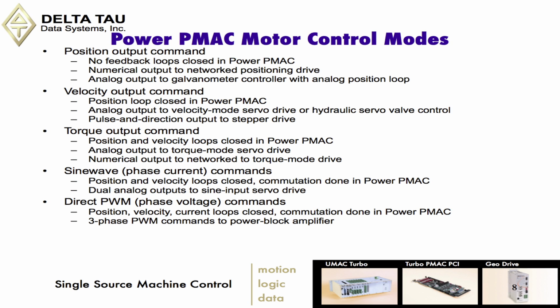Torque command output. This is the one that's most commonly used and probably gives you the best controlling technique with Power PMAC. So the output now is a torque mode or a torque value to the drive. You're sending a torque value to the drive. In plus or minus 10 volts, which can be velocity or torque mode, you have better control if you're in torque mode than if you're just doing velocity mode.